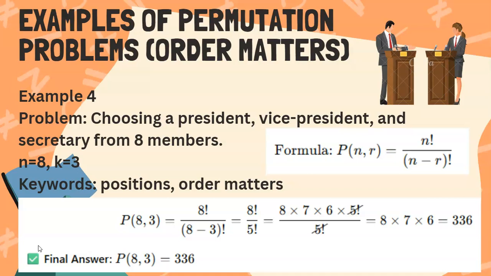And then for positions, order matters. So president, highest, next vice president, next secretary. So there is ranking there. Okay, again, this is permutation because each position is distinct. President, vice president, and secretary. So order matters.